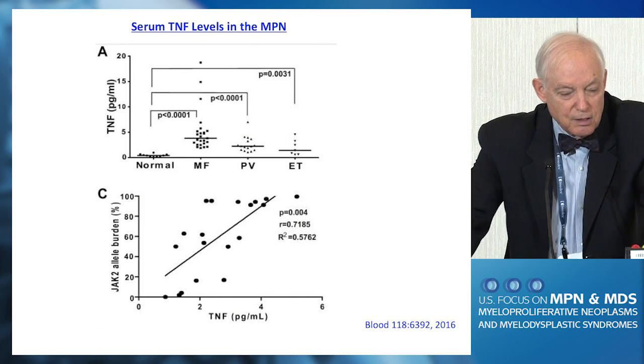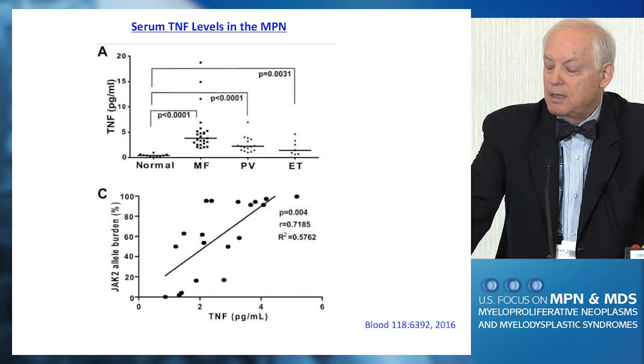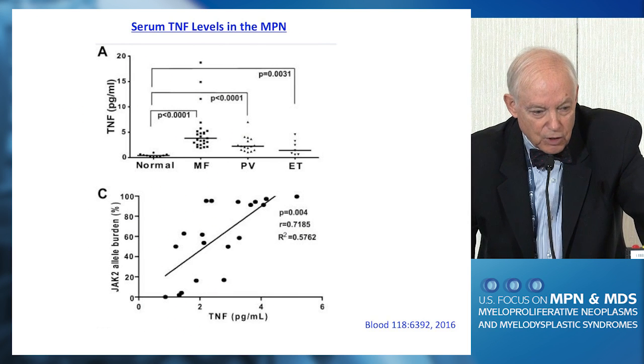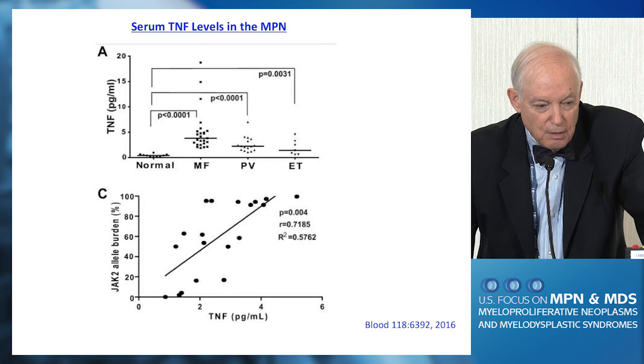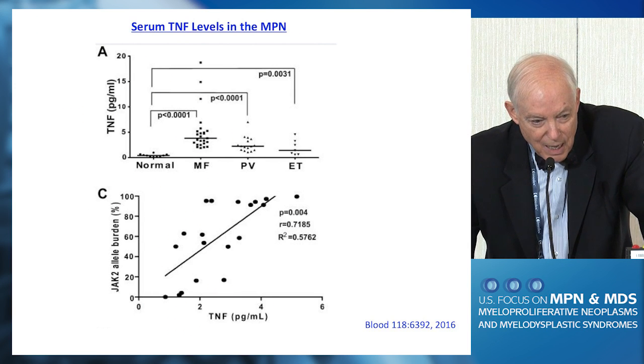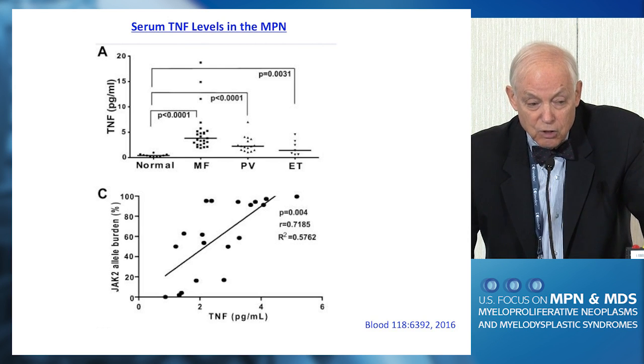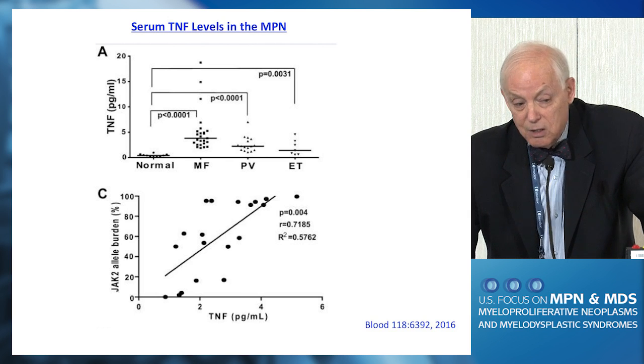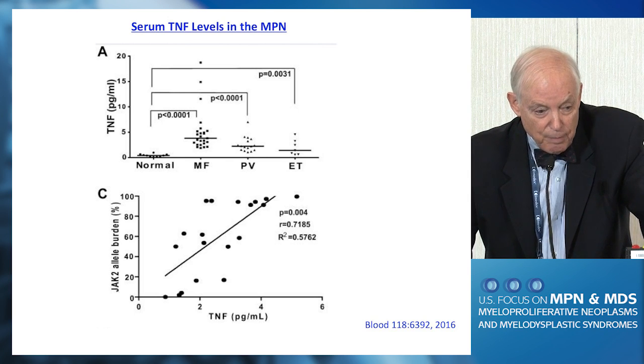Now, this is a nice study in Blood looking at TNF levels in patients with myeloproliferative disorders. And what you will see here, this is ET, PV, and PMF, and you will see that the TNF is elevated in all, but it's most elevated compared to control patients in primary myelofibrosis patients and secondary myelofibrosis patients.